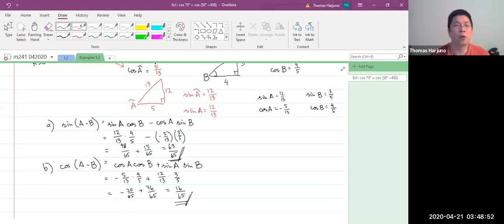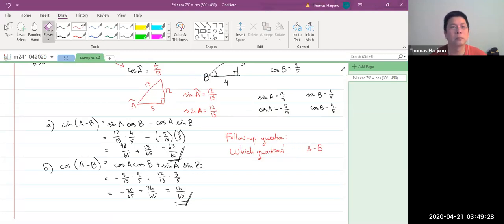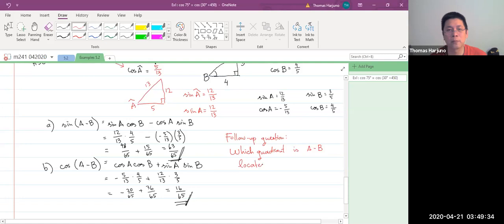Okay, some follow-up question. Which quadrant, to be more precise, is the angle A minus B located in?